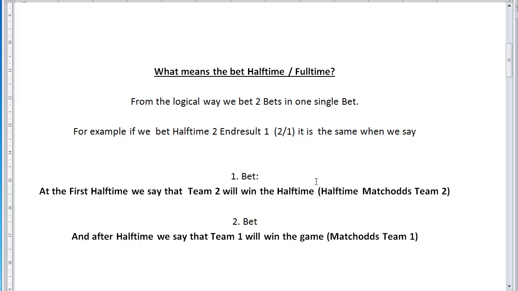The second bet means that after the halftime team 1 will win the game, so we need the match odds for team 1. This means halftime 2 and result 1. Okay, this is very important to understand, so you know what is necessary to win the bet if you bet on halftime full-time markets.